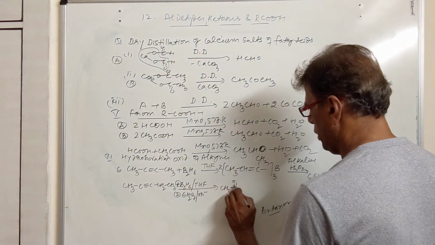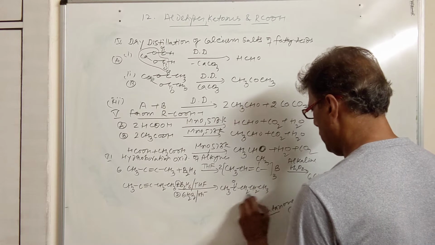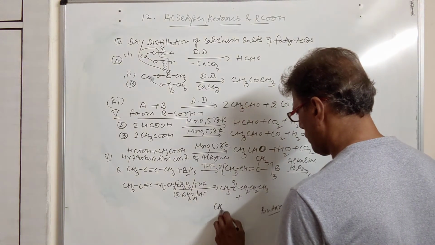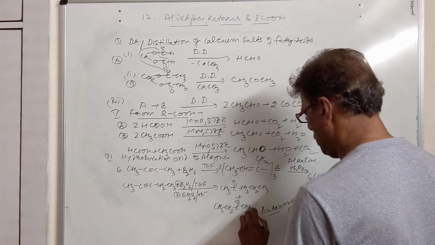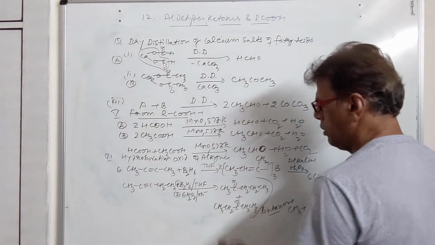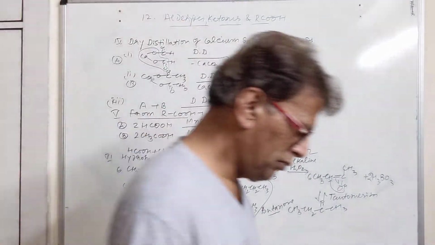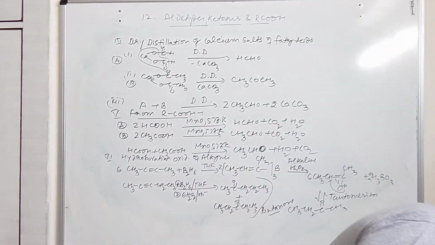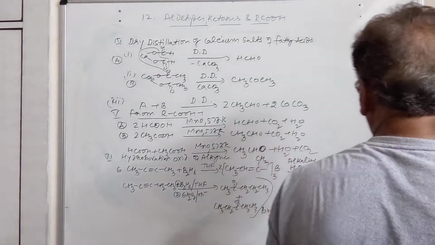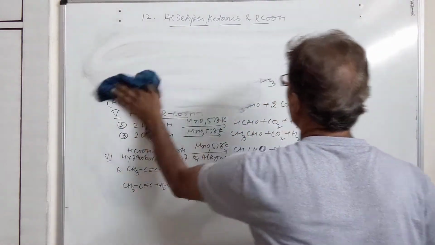It will give you pentan-2-one and pentan-3-one. Both products are obtained under the same condition. So this is the hydroboration oxidation method of producing ketones. Aldehydes cannot be prepared from this method.